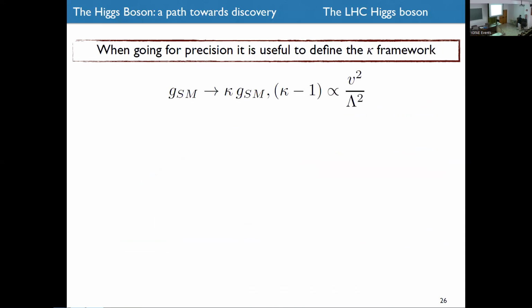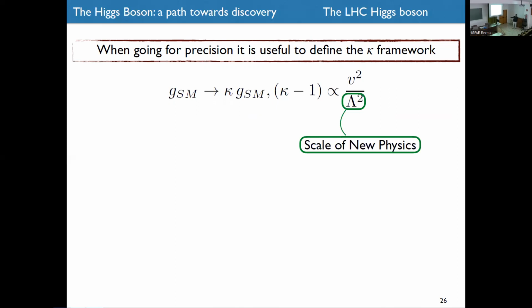So a kappa framework is simply the idea that you start with the standard model Higgs, and then you modify all its couplings to the other particles through some kappas. And then any variation from kappa equals 1 is somewhat related to the scale of new physics.